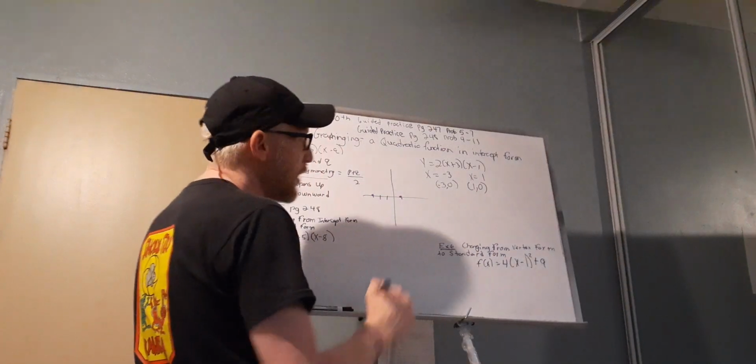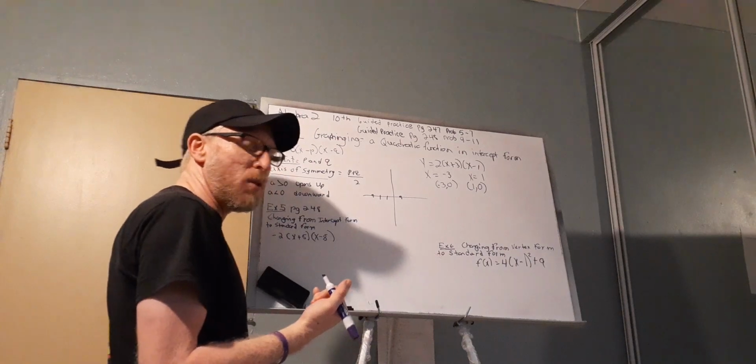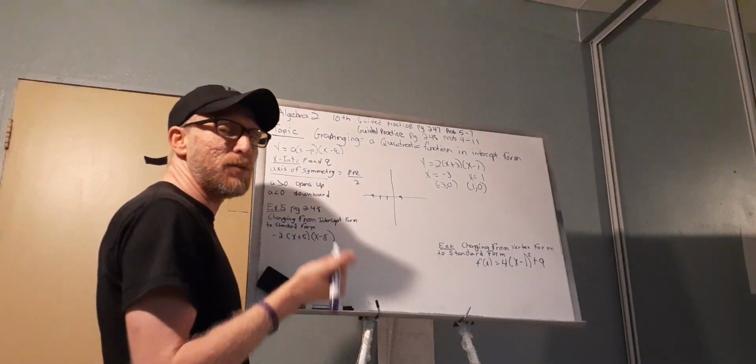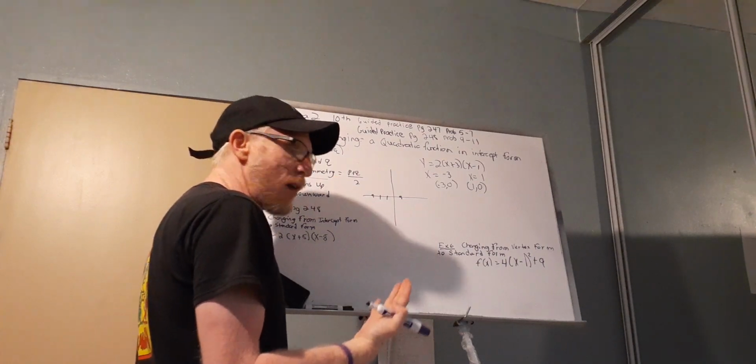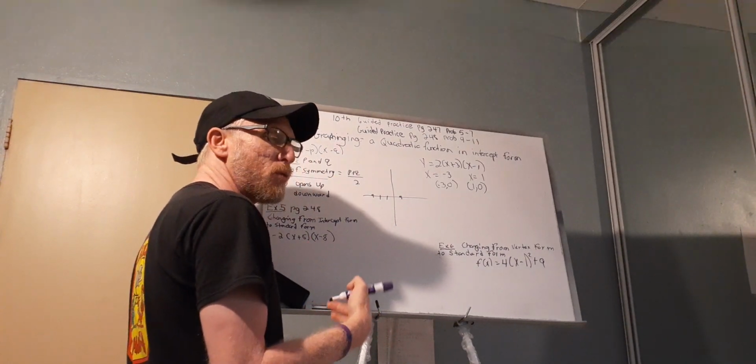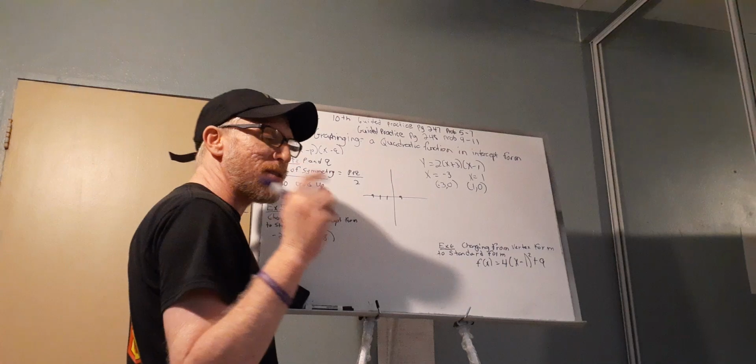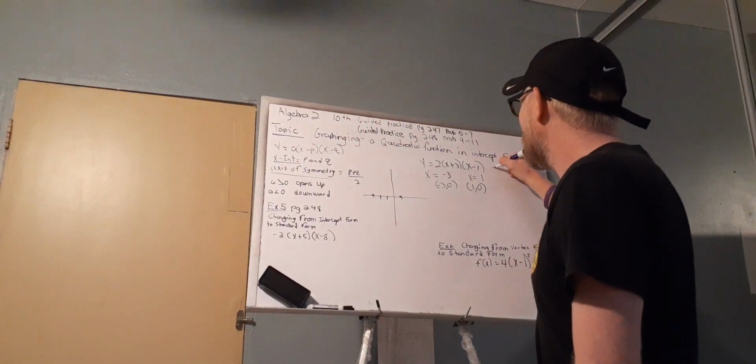Now I need to find my axis of symmetry, or my vertex. And I know that the graph itself opens upward, so it's not going to have a maximum, it's actually going to have a minimum. So how do I do that? Step 1 is this, which we already did.